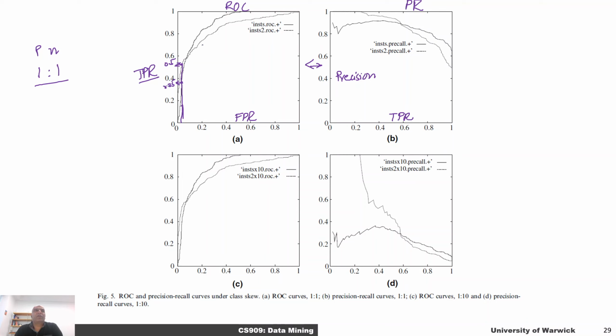So we can say that the dotted line algorithm is actually better at this operating point where the false positive rate is low.